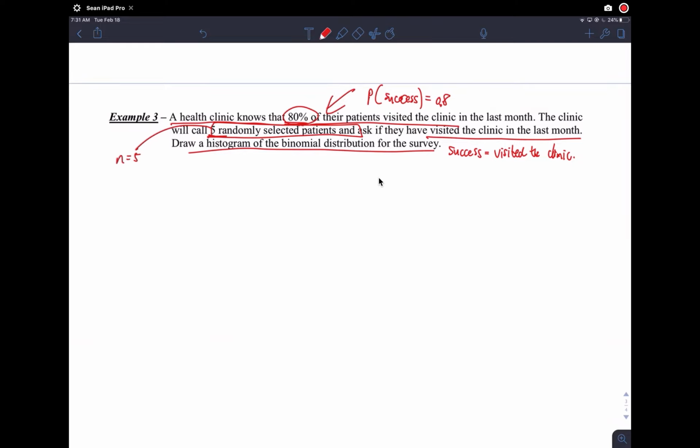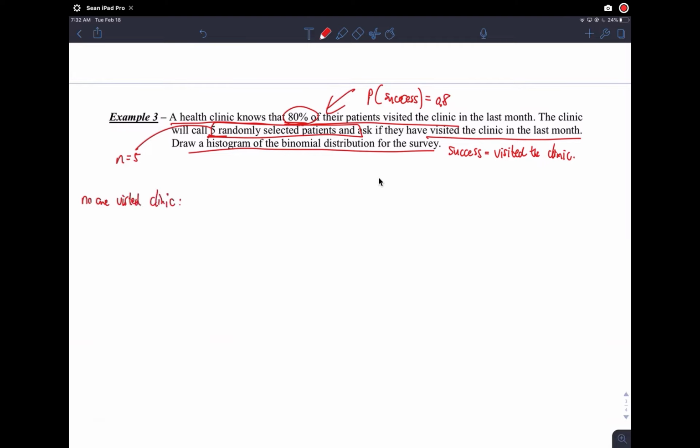But now they're going to repeat the process and just call 5 randomly selected people and see what happens. Okay, and so we have to say what are the options. So I call 5 people and none of them say they visited the clinic. Okay, that's one option. So you can say no one visited the clinic.